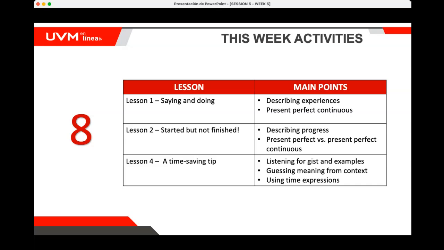But then you also need to learn how to conjugate those verbs in their continuous form. For example, present continuous, past continuous, future continuous, past perfect continuous, present perfect continuous, and future perfect continuous.